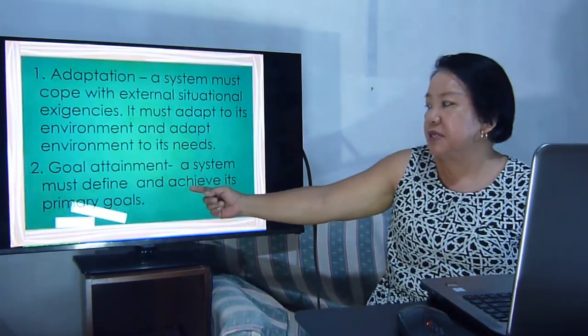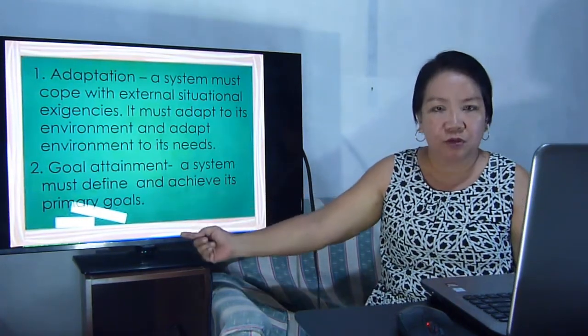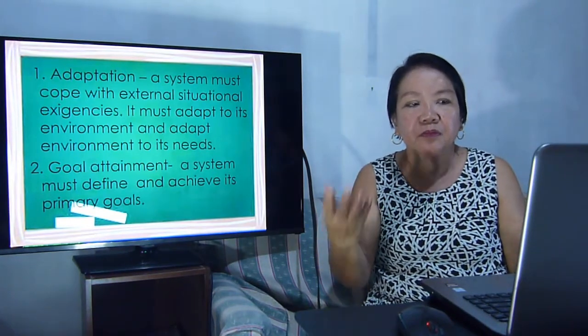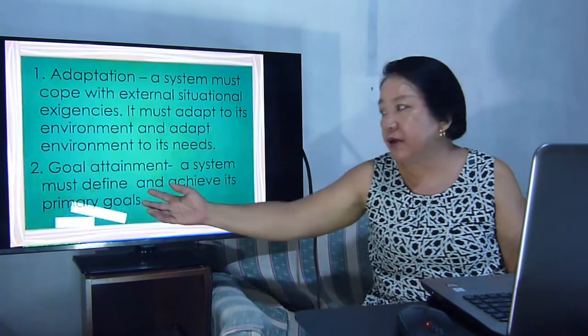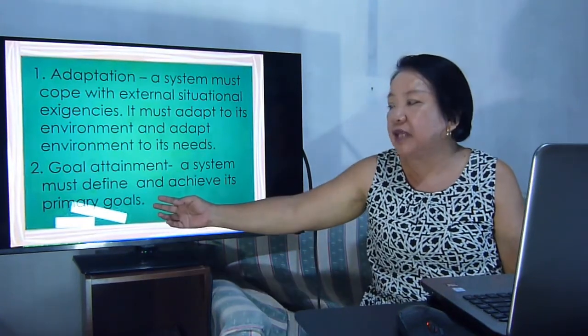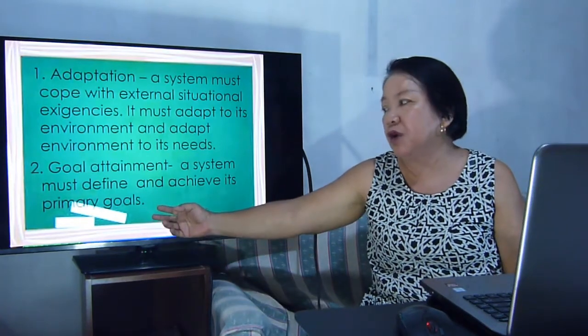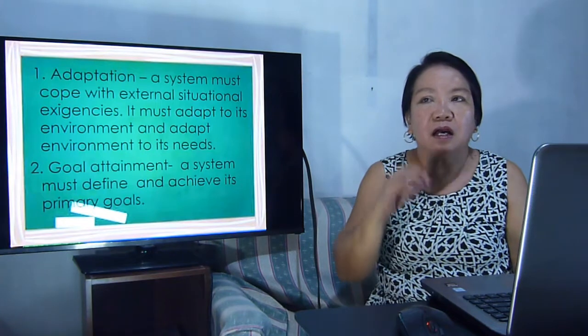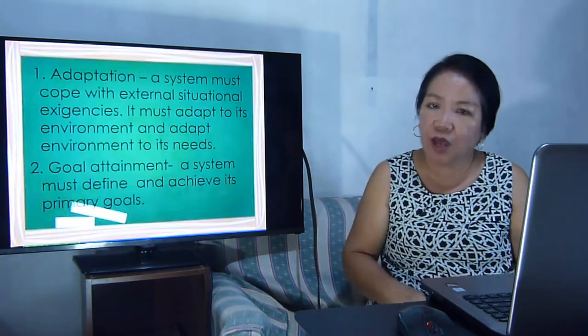So a system must define and achieve its primary goals. What are you if you don't have your goals as an organization, and at the end of a certain period you have not defined or attained your goals?